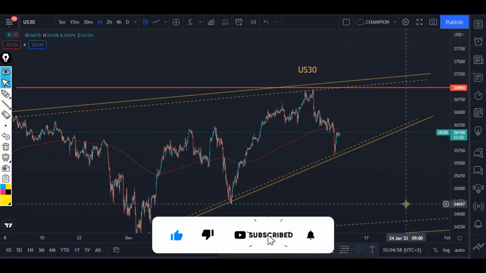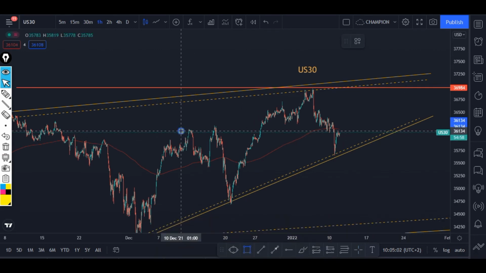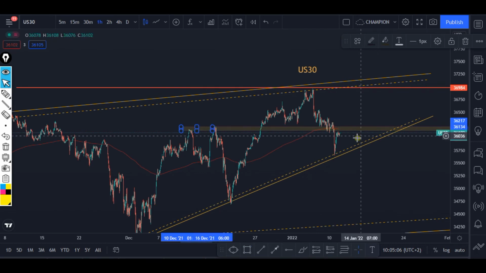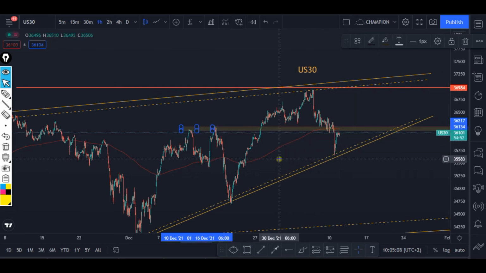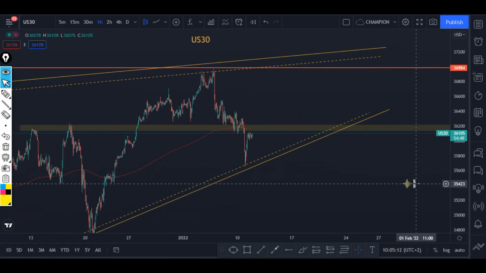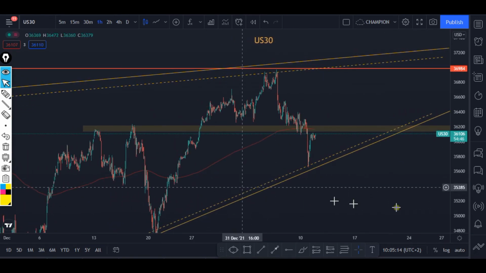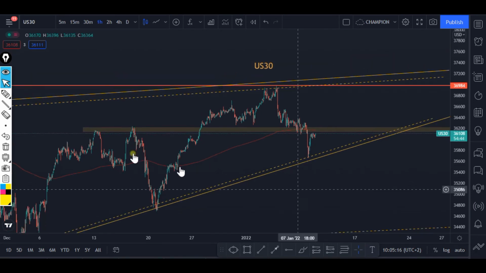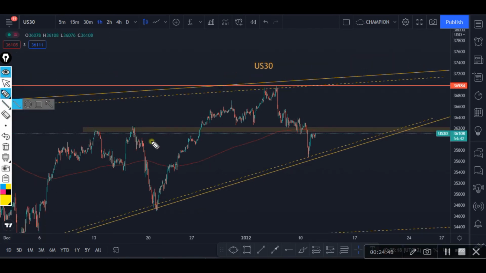Remember yesterday we had a support zone. It was a very nice support zone. It's almost similar to gold. The market was moving just right on the support zone, which is the previous resistance.